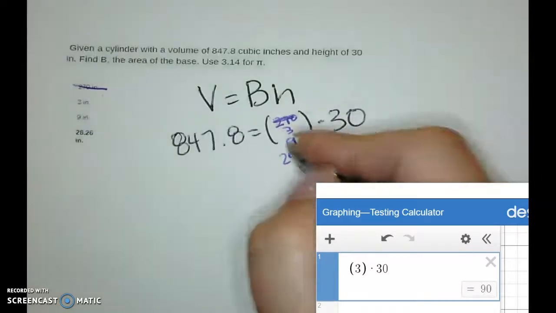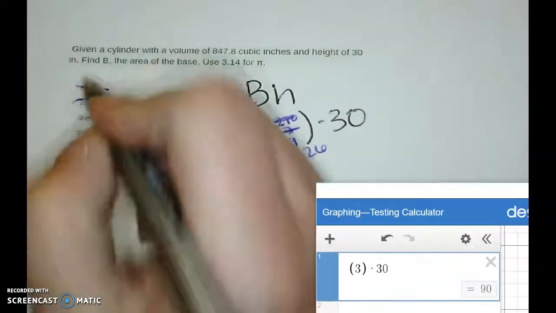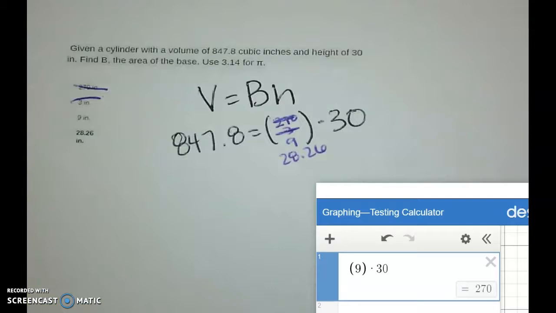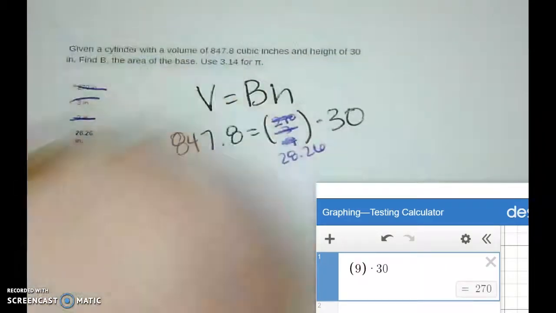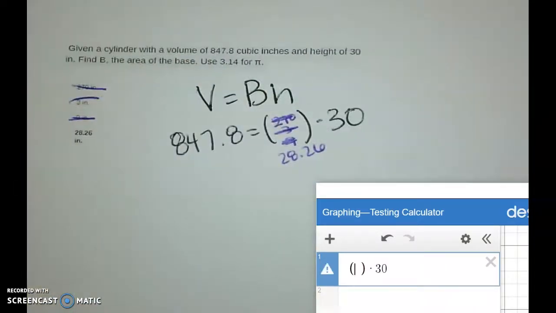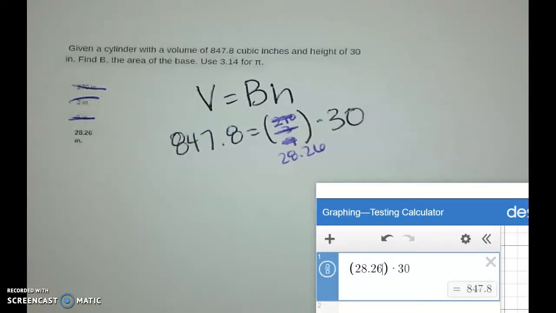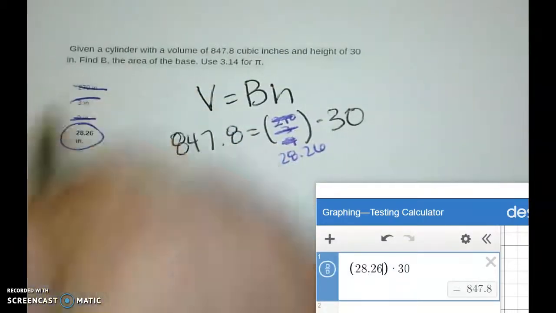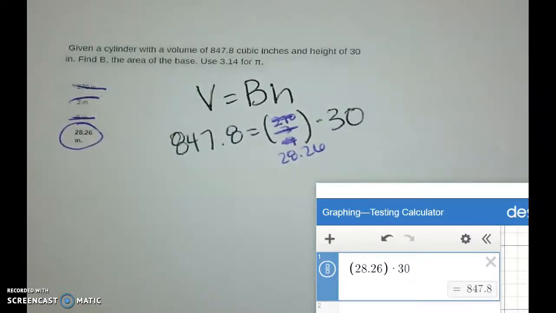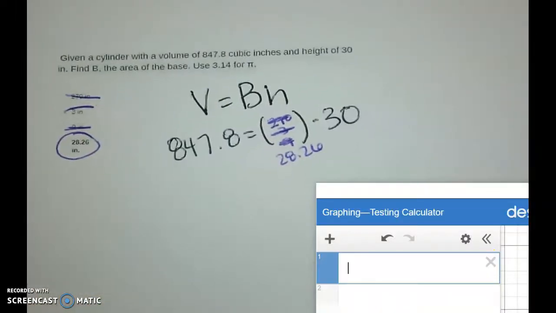It's also not the correct answer. 9, also not the correct answer. So it's probably the last one, but let's prove it, right? 28.26 times 30 is 847.8, so this one would be your correct answer. Okay? All right, let's go to the next problem.